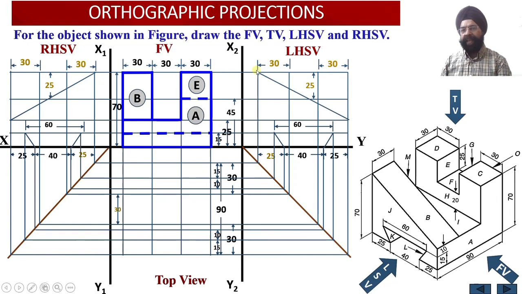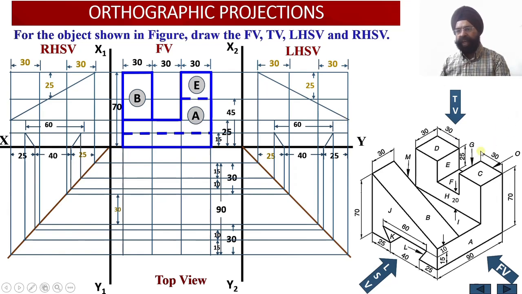So at the back we get the height which is equal to 70 millimeter, and at the front we have the height of the sloping section B which is at a height of 25 millimeter on the front side face. So we can join this inclined edge over here like this.